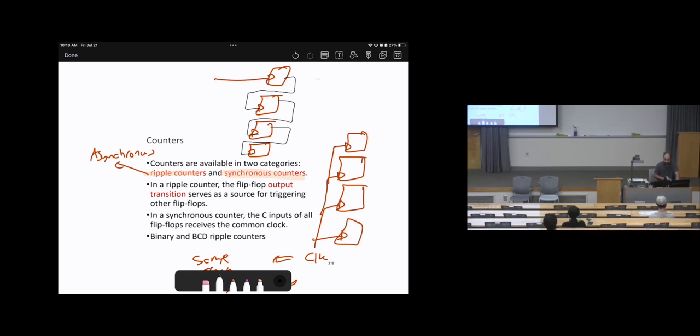To the clock, not to the flip-flop. Therefore, they have different clocks. So those are called asynchronous, sometimes ripple. In counters it will be ripple, but this is the asynchronous. Again, each one has its own clock. They are not synchronized.